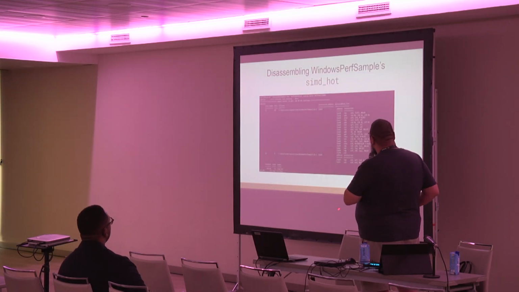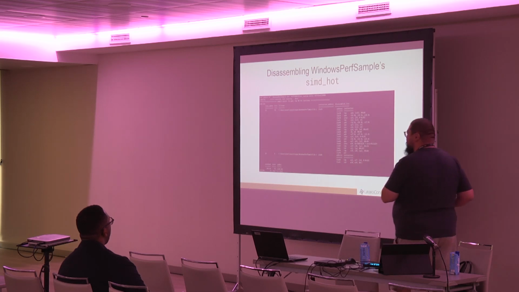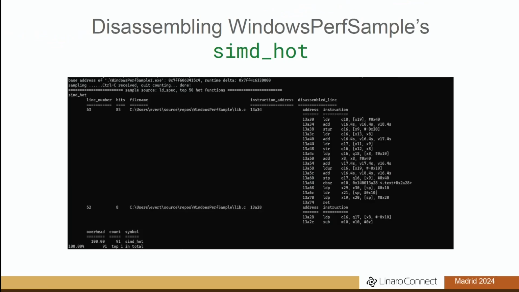So, this is a bit hard to see. But anyway, this is essentially the same thing that Przemek showed in the last presentation. So here is the line number, the number of hits for this line, the instruction address that we resolved. And this is the disassembly for this particular line 53.